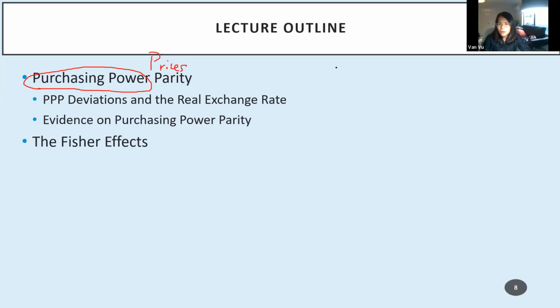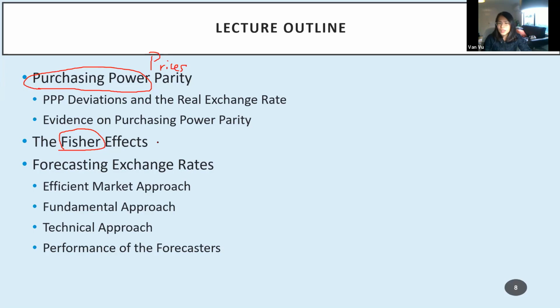We then also talk about the Fisher effects. Fisher effects are the relationships between real interest rates, inflation rate, and nominal interest rate. Finally, in the last part of the lecture, we will talk about forecasting exchange rates. We look at how in real life people forecast exchange rates.